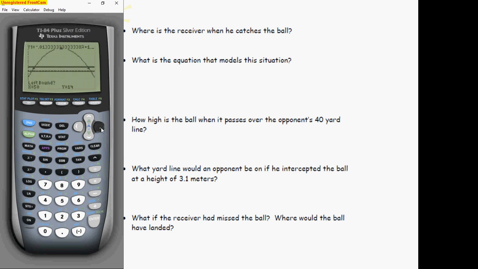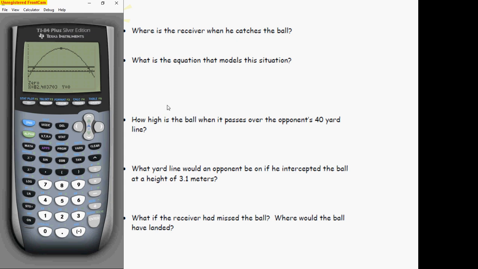Remember this time when you're using your cursor, because you're looking for an x-intercept, the calculator has to see the range values change sign. So I'm coming from the top, so I need a positive y value. I hit enter, cross the x-axis until you have a negative y value, hit enter, and then you can just hit enter again when it says yes. That's 82.4.